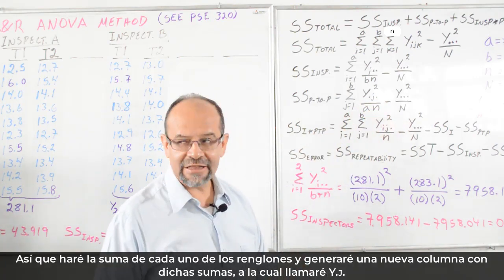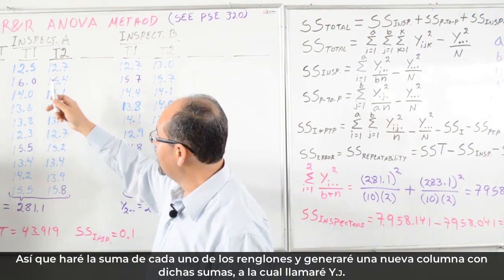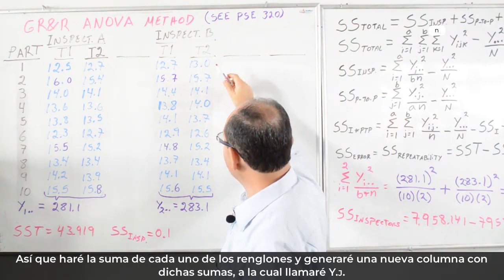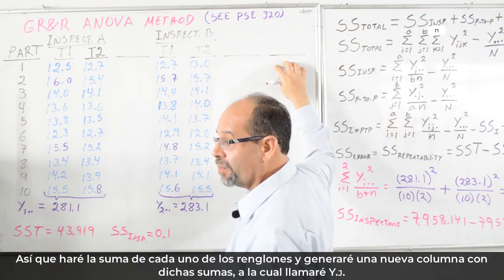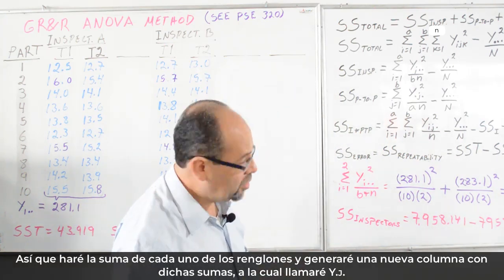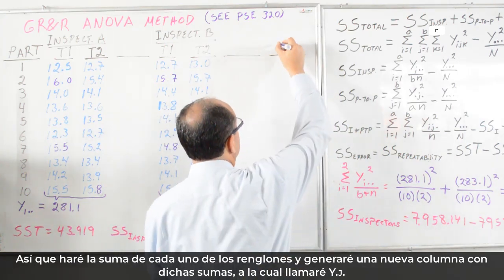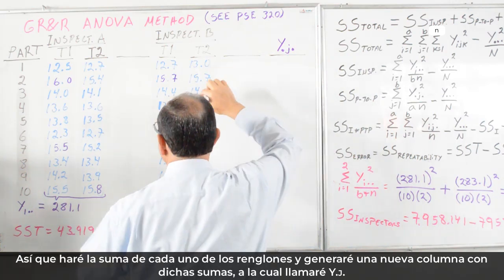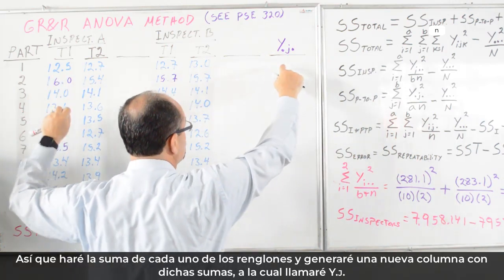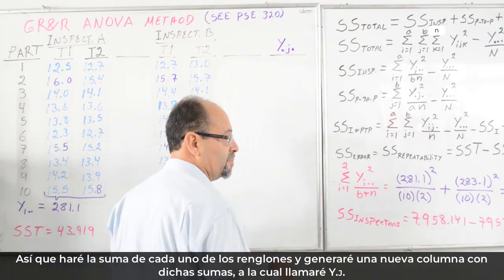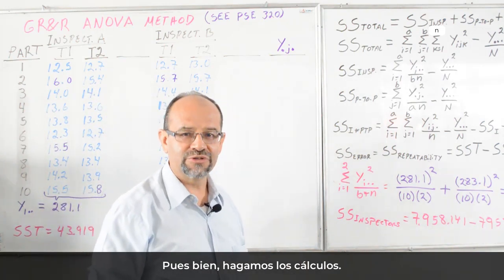That means I have to get all the inspectors, part 1, all the trials, and put the sum here. So that will be the term Y, which are the measurements, all the inspectors, part J, all the trials. So I have to do the sum of those 4 and put the value here. Well, let me do the calculations.